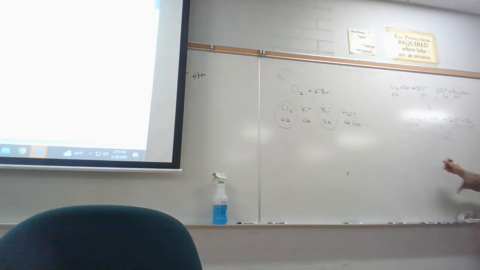And the way we're going to detect if a reaction occurs is we're going to add chloroform to this reaction mixture, and we're going to try to extract our product, bromine, out from the water phase into the chloroform phase. And so we're going to add chloroform to this, stopper it. You should use a rubber stopper. Don't use natural cork, because the natural cork has little pores in it, so it doesn't seal as well.